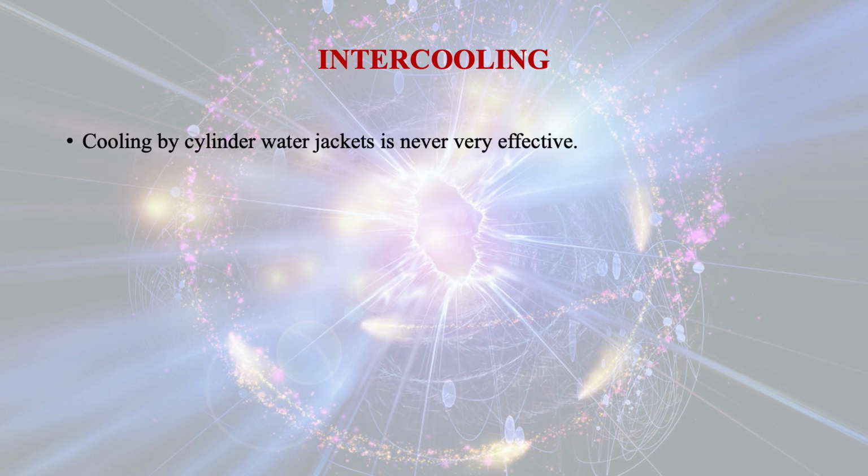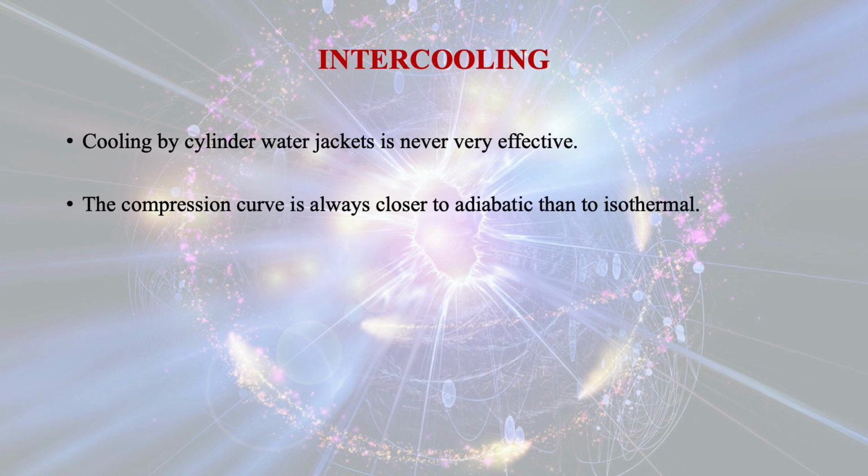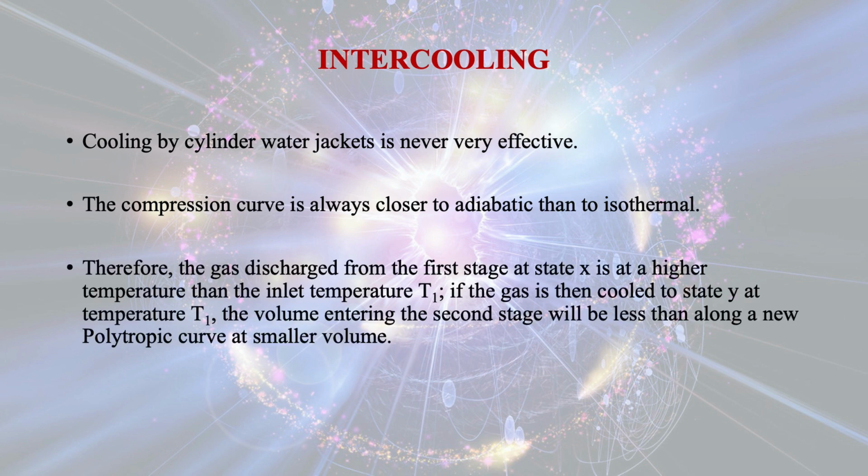Cooling by cylinder water jackets is never very effective. The compression curve is always closer to adiabatic than to isothermal. Therefore, the gas discharged from the first stage at state X is at a higher temperature than the inlet temperature T1. If the gas is then cooled to state Y at temperature T1, the volume entering the second stage will be less, along a new polytropic curve at smaller volume.